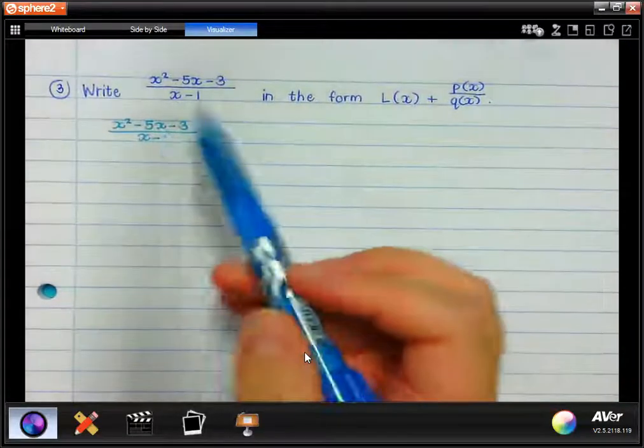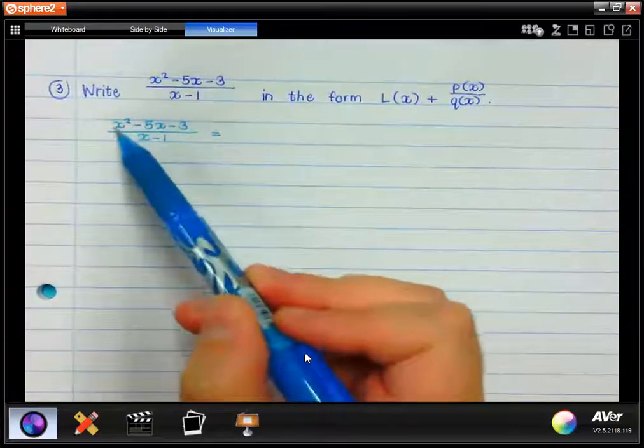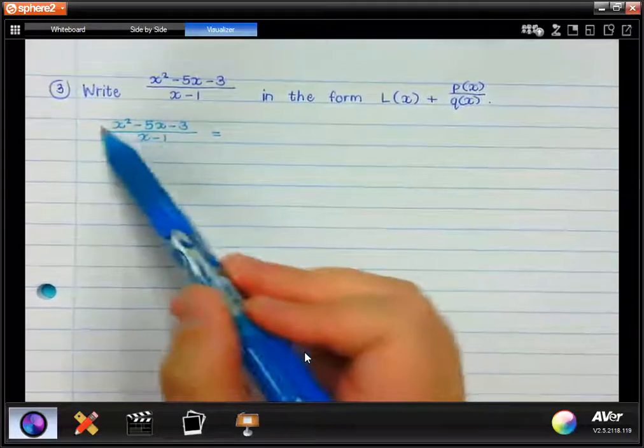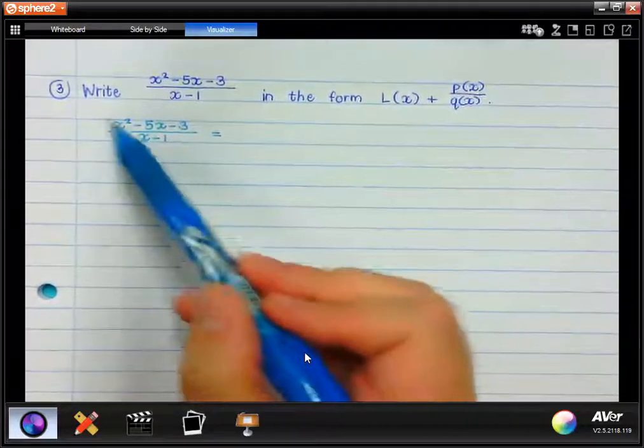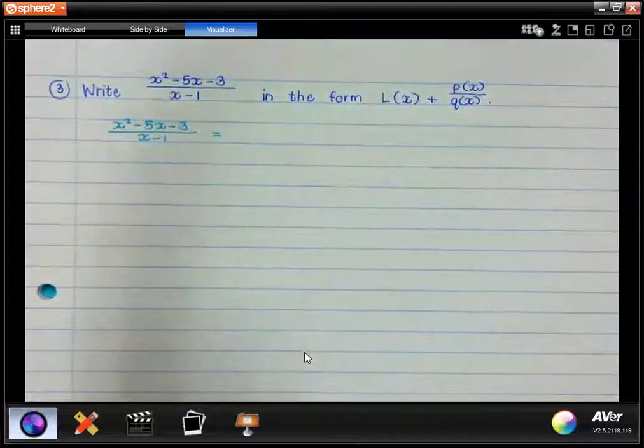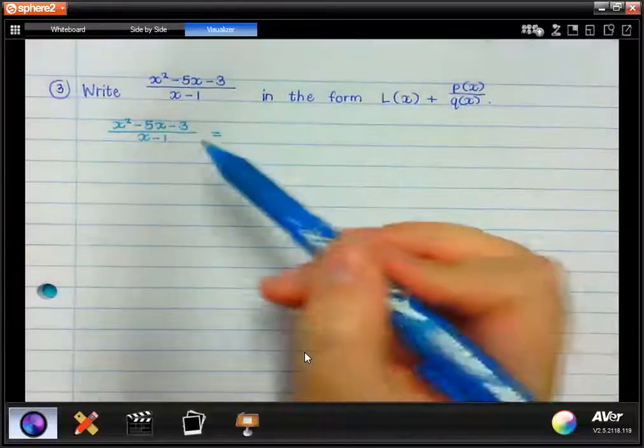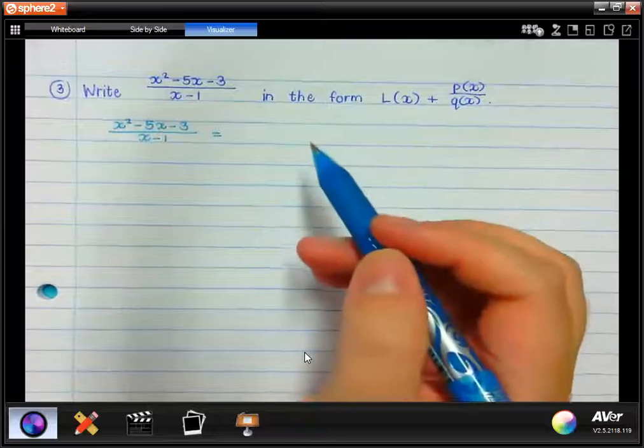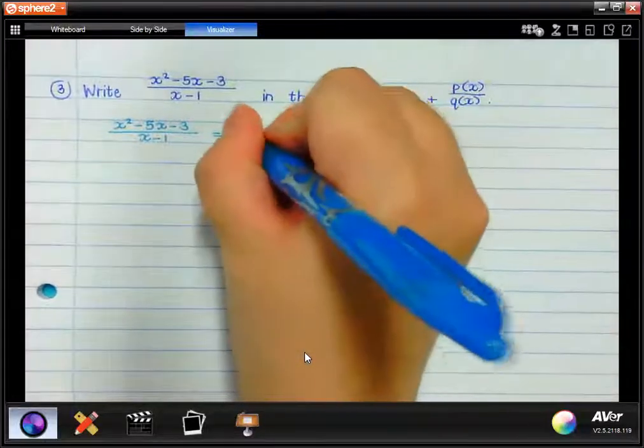Then we look at our first term in the numerator, and we also look at the first term of the denominator. What must I put in front of the bracket if I'm going to have an x minus 1 in my bracket, and I must multiply it out to get x squared?